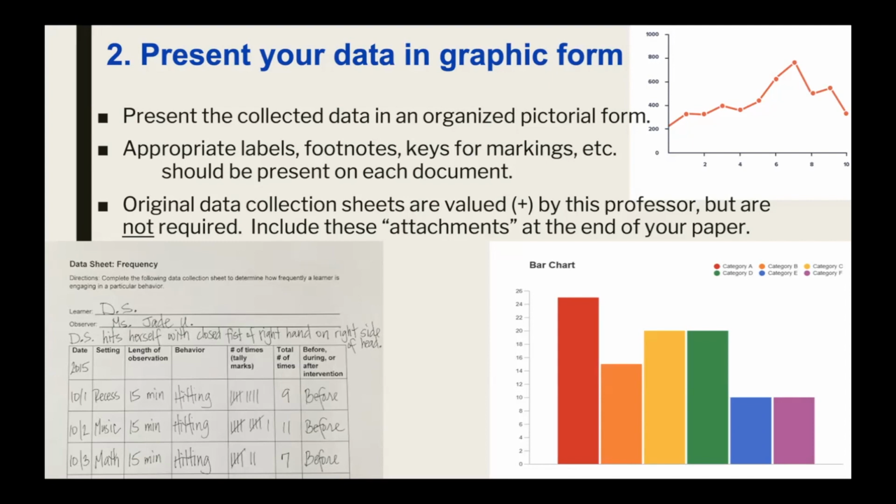And if you happen to have your original data recording sheets, as you see here, Mrs. Jade was observing DS and hitting herself, I would love to see that too, but I do need to see a graph, a chart, some sort of image.